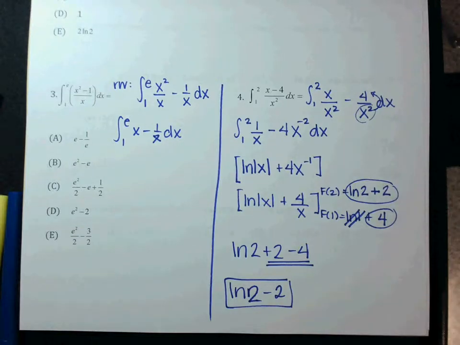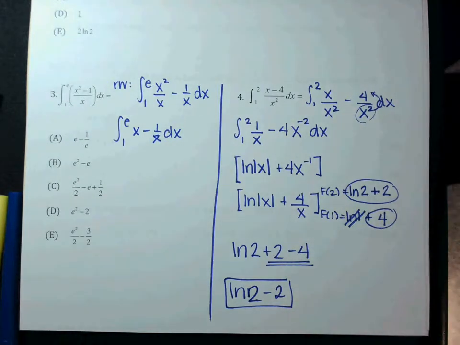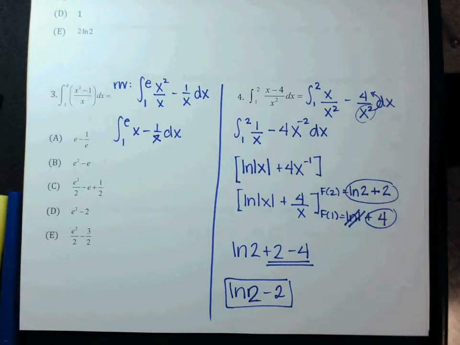Negative 1 minus a half. Wait, what's ln of 1? ln of 1 is 0. And then it's e, everything minus 1/2.